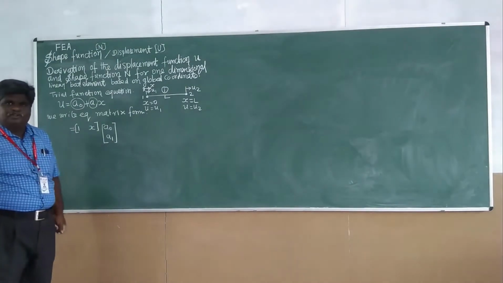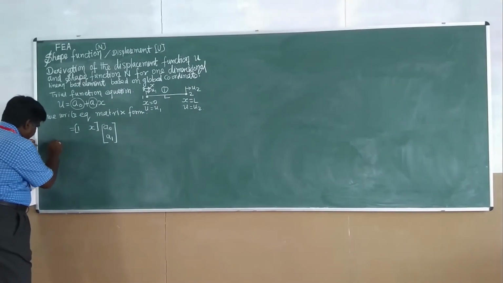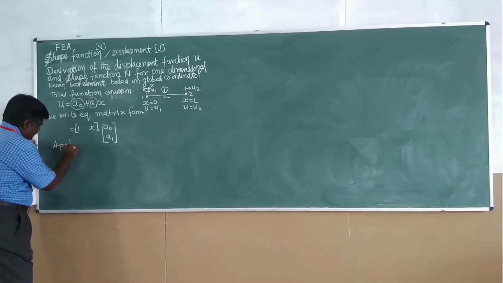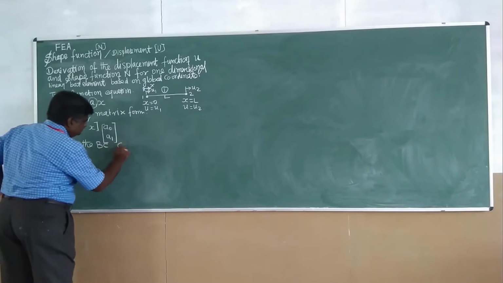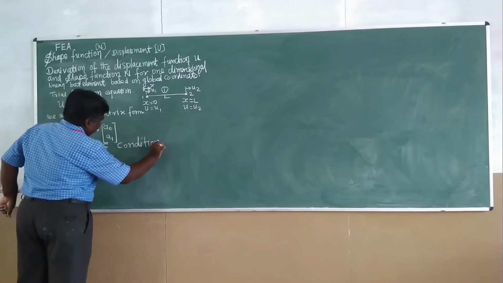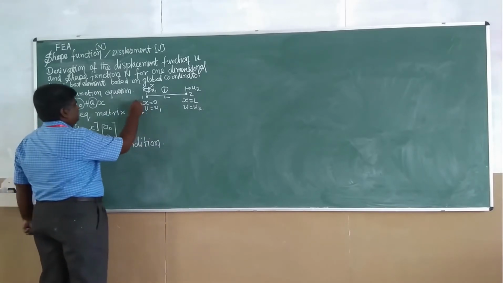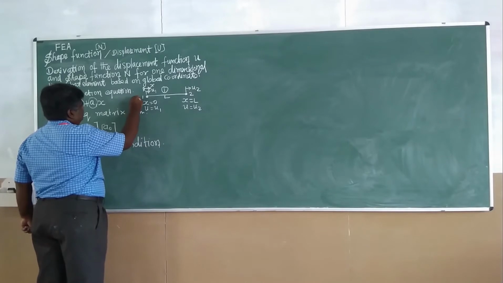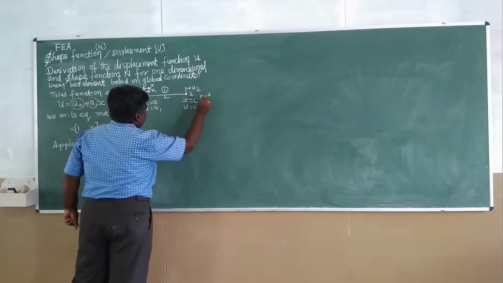The next step, we have to apply the boundary condition. One boundary condition is here, and another boundary condition will be at nodal point 2.